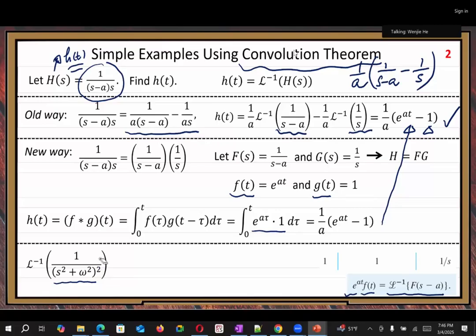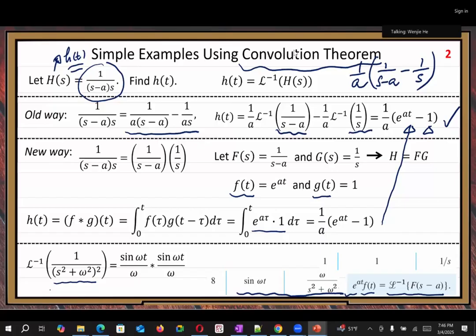Because for the Laplace transform of the sine function we have this formula, but the denominator needs a square of it. After we learn this convolution theorem, now it's a product of two sine functions.